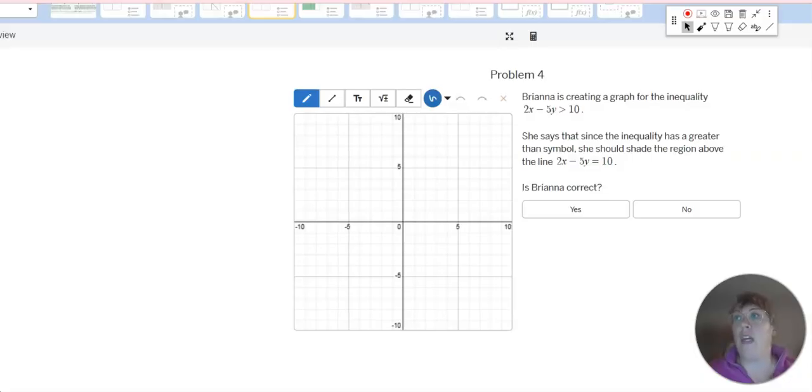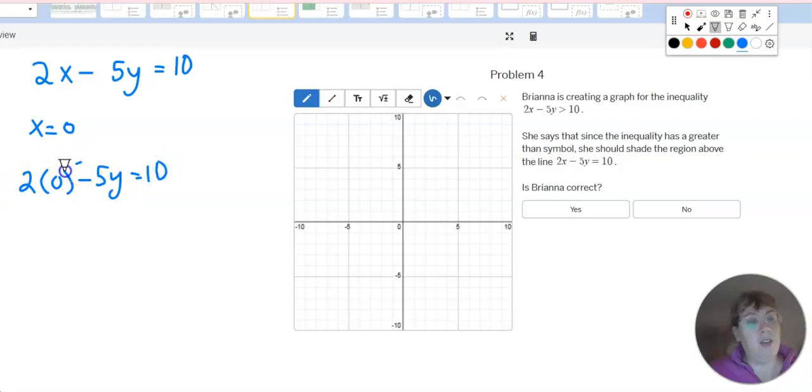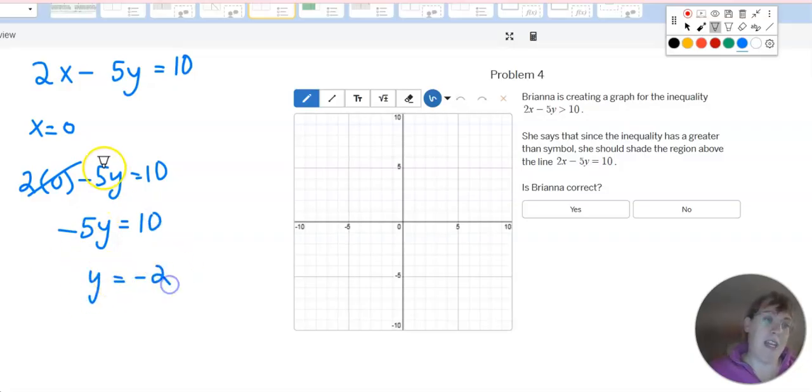So let's graph this line first. 2x minus 5y equals 10. So if we plug in x equals 0, we get 2 times 0 minus 5y equals 10. 2 times 0 is 0, so we get negative 5y equals 10. Divide both sides by negative 5 to get negative 2. So this point of 0, negative 2 is our y-intercept.